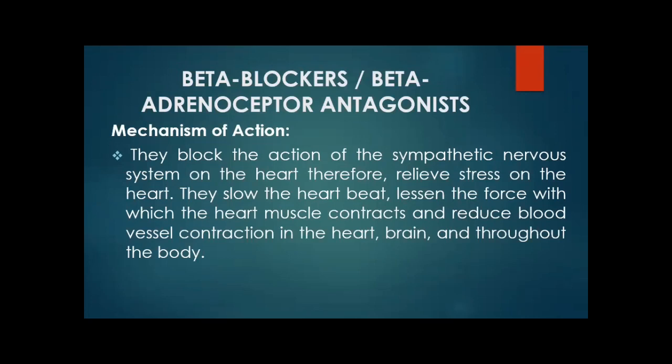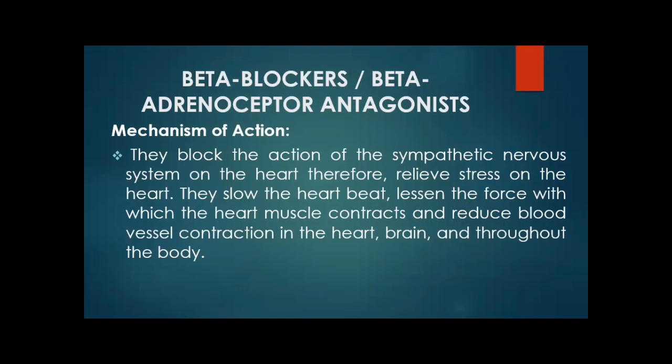Our first class of drugs is the beta blockers, also known as beta adrenergic antagonists. So these are drugs that are used in hypertension, like I earlier said.